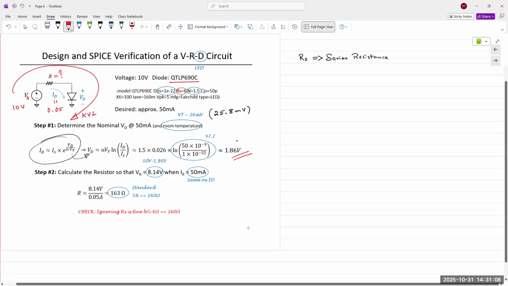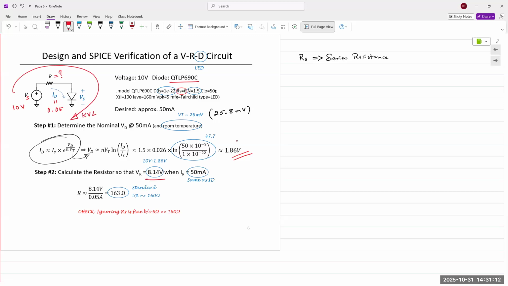We apply KVL and we calculate VR, which would be 8.14 volts. So 10 minus 1.86 gives us 8.14 volts. So if VR is 8.14 and IR is 50 milliamps, we apply Ohm's law to calculate R. And that's it. You obtain a value of 163 ohms.